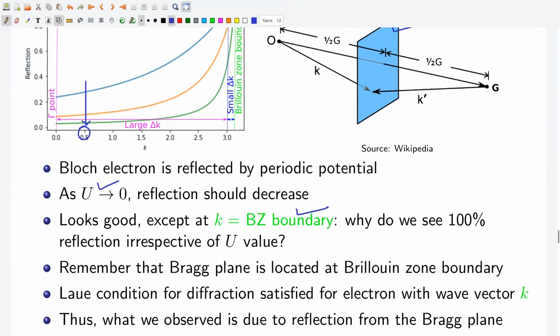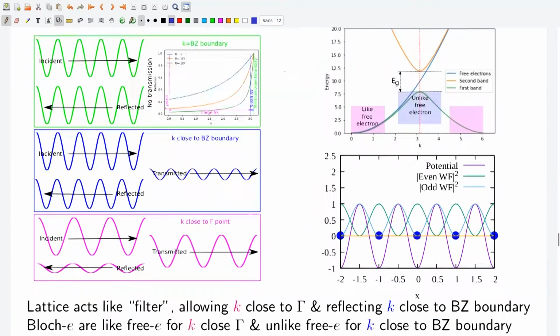Remember that Bragg plane is located at the Brillouin zone boundary, and Laue condition for diffraction is satisfied for electron with wave vector k equal to the Brillouin zone boundary. Thus, the reflection that we observe is due to the reflection from the Bragg plane.